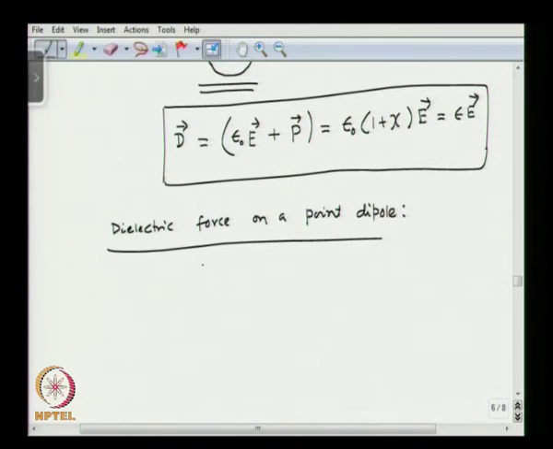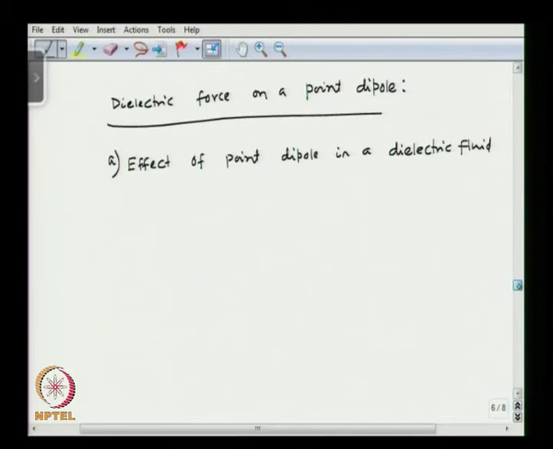Before we talk about the dielectric force, let us first talk about the effect of a point dipole in a dielectric fluid. So this is something we talk about first.